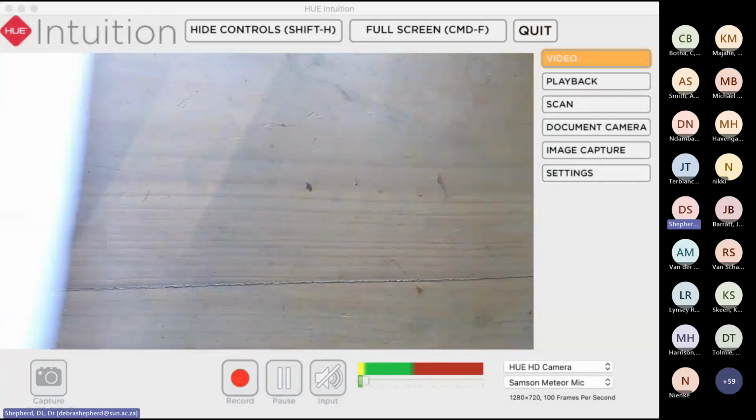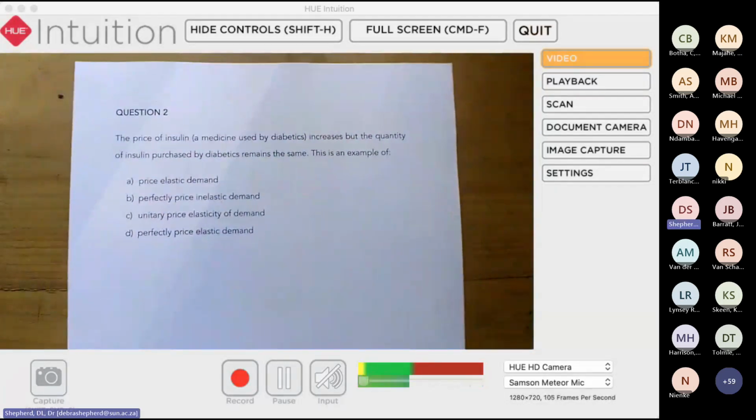Question 2 then says the price of insulin, a medicine used by diabetics, increases, but the quantity of insulin purchased by diabetics remains the same.